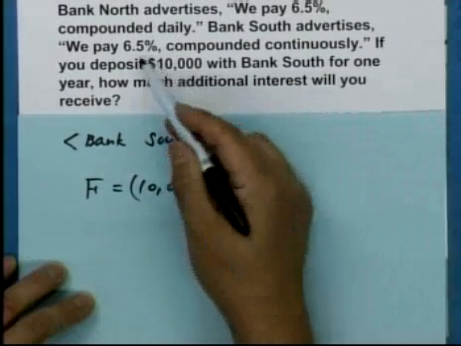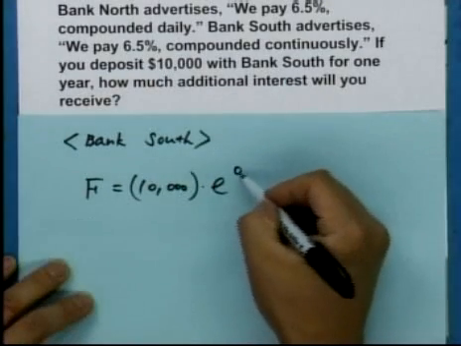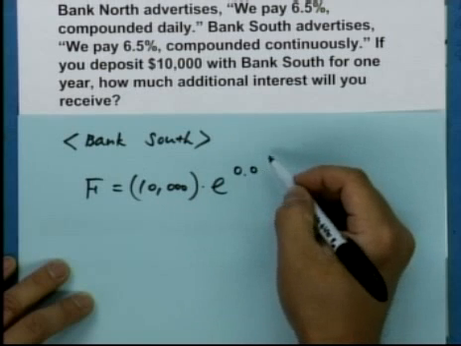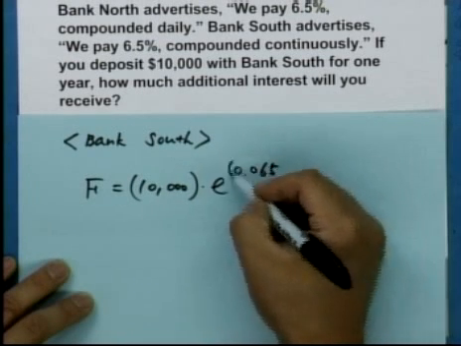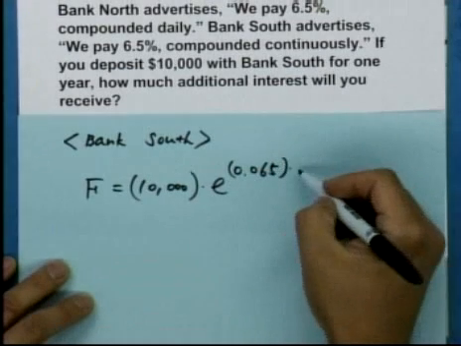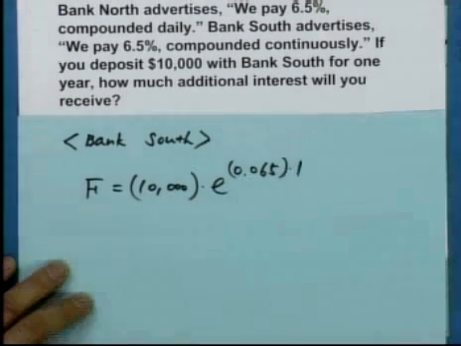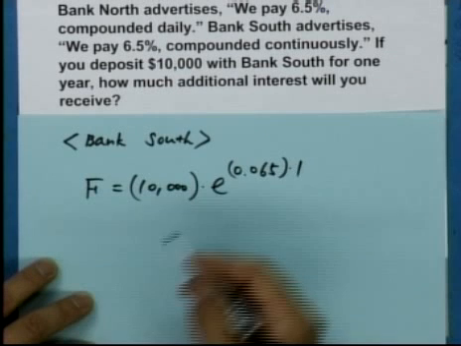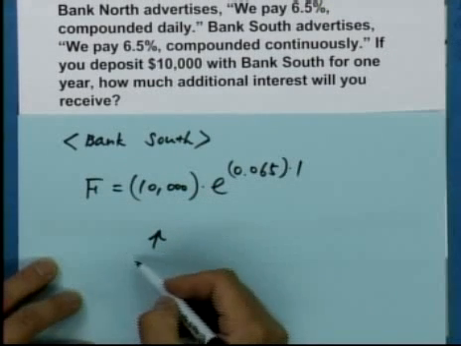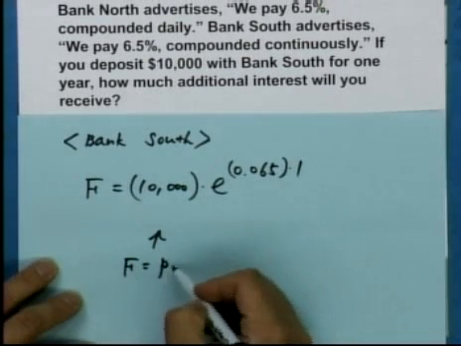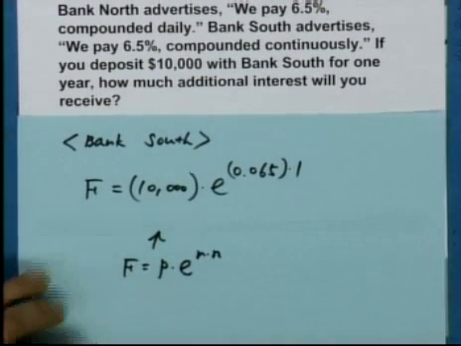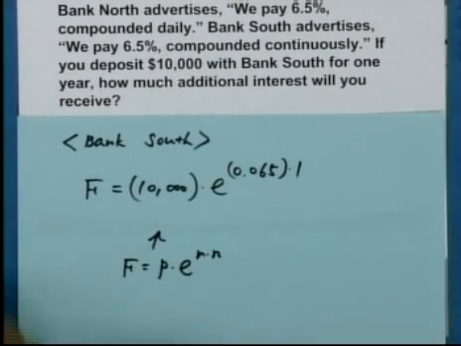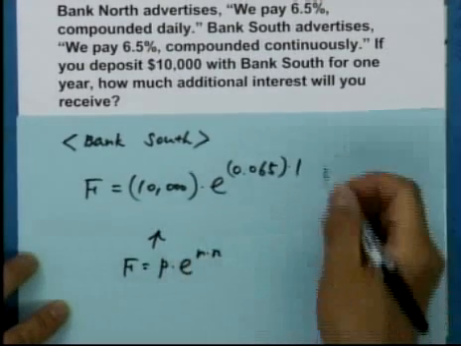That's going to be 6.5%, 0.065, right? And N would be 1 year. I've used the formula F equals P times e to the power R times N for continuous compounding.